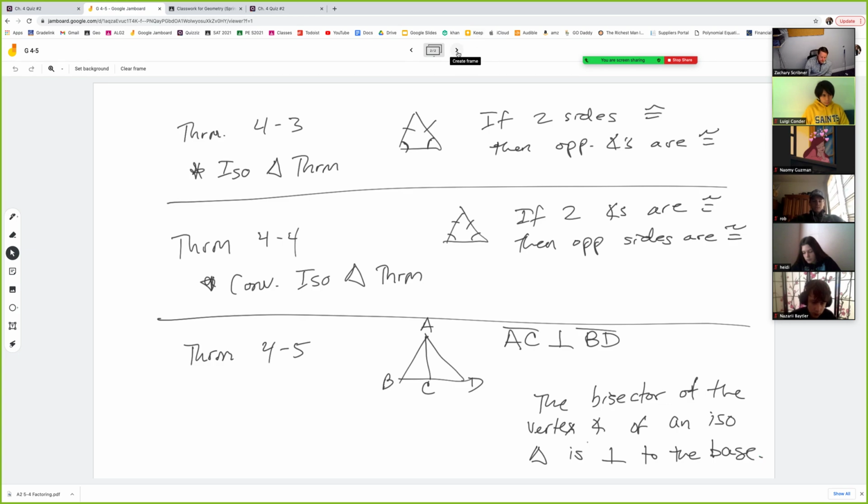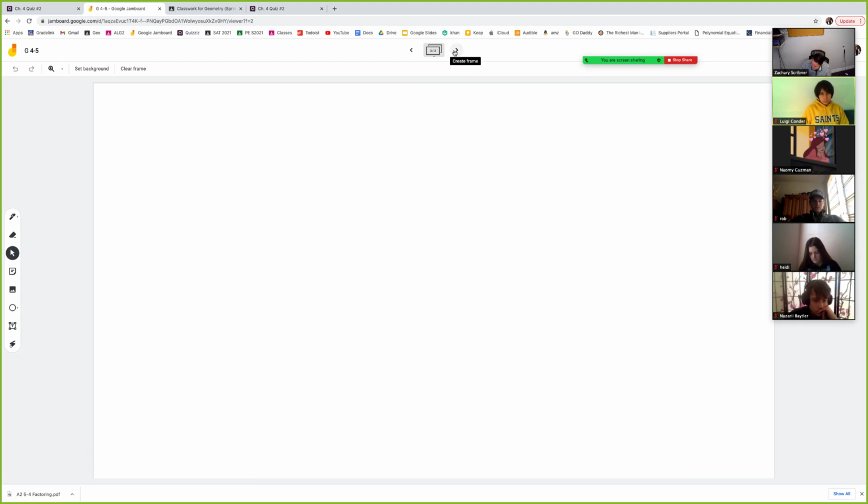All right? So, using these three, you have the proof of the isosceles triangle theorem, okay? And they do that by creating two right triangles, okay? However, more importantly, we want to use the isosceles theorems, looking at example number 1.